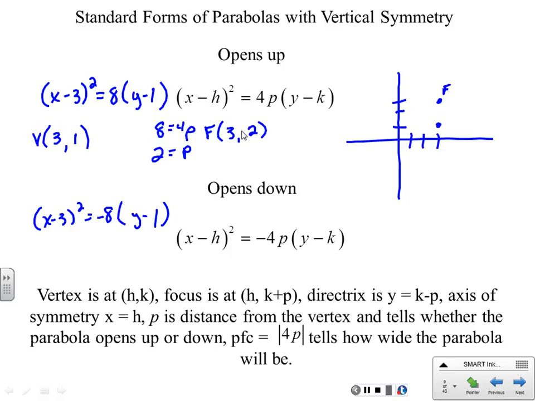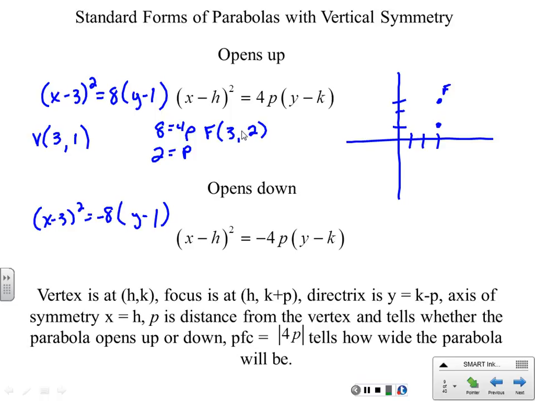Then it says focus. Focus is going to be H, and then K plus P. So you got to know what P is. And that's how you're going to find it. The number in front of your non-squared grouping says it equals 4P. So you got to know what P is regardless. Well, this one says take your K. Watch this.